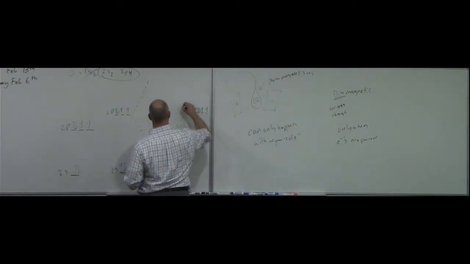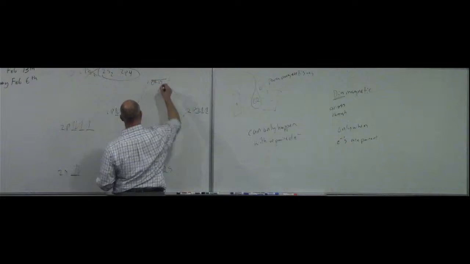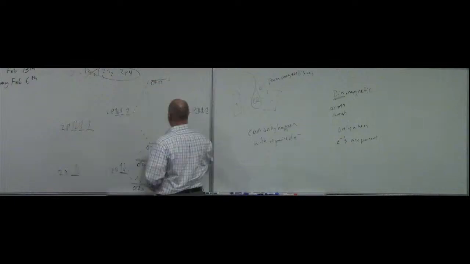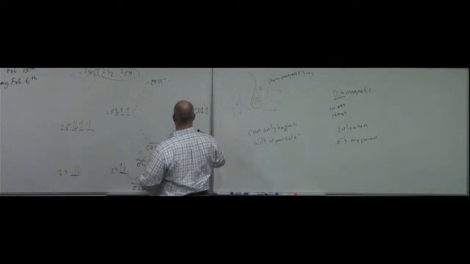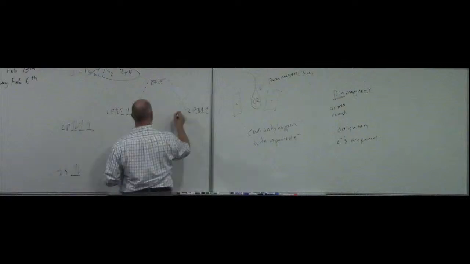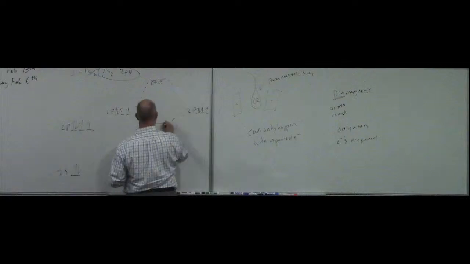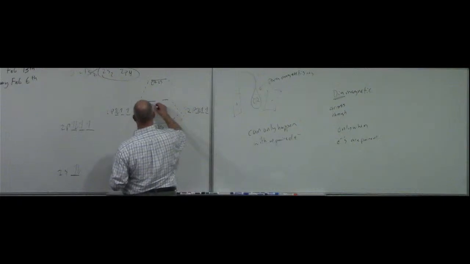So I come up here and draw my sigma star, right? And I'm going to get one of those. The other thing that I will have here is a pi, and those will have pi star 2p counterparts.